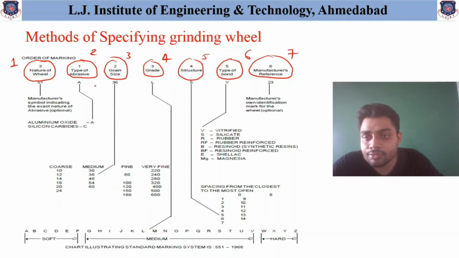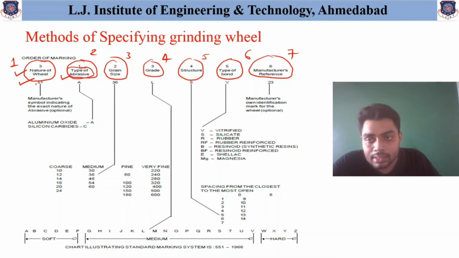Now starting with the first point. Whenever the first number is given in a grinding wheel specification, that first number gives the idea about the nature of the wheel. Similarly, the second part, which is an alphabet, gives the idea of the type of abrasive used.